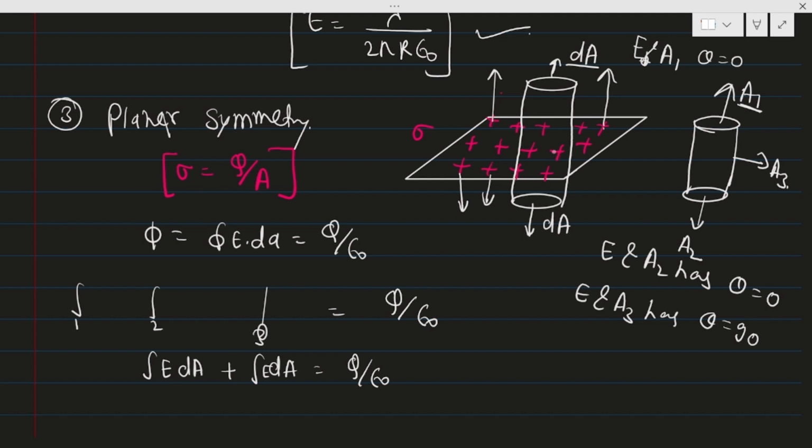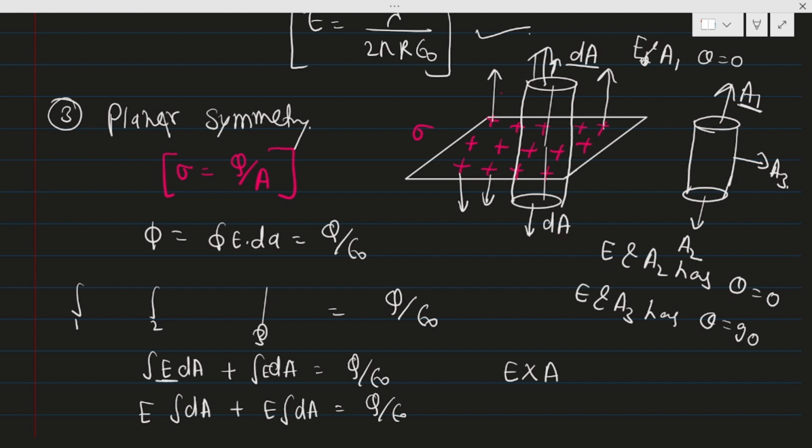The electric field is the same distance above and the same distance below, so the electric field is uniform and comes outside the integral. E dA plus E dA equals Q over epsilon naught. So this is E into area A, with E and dA in the same direction.